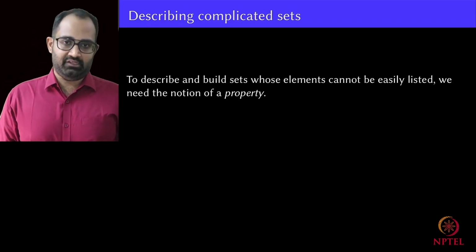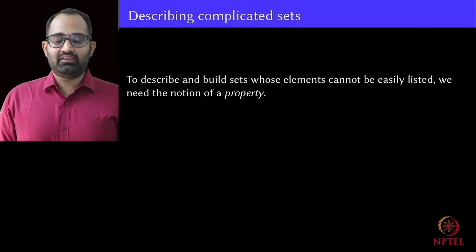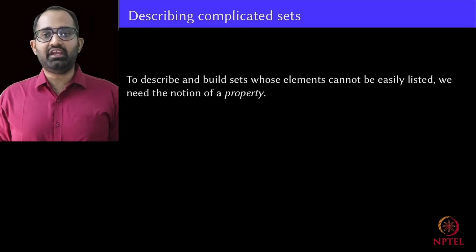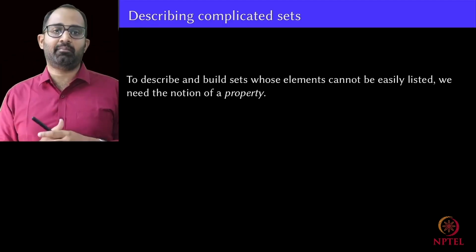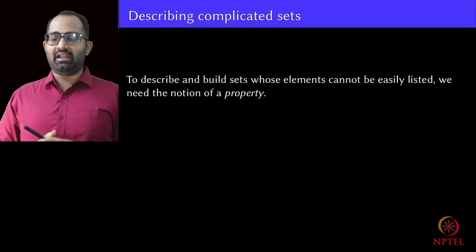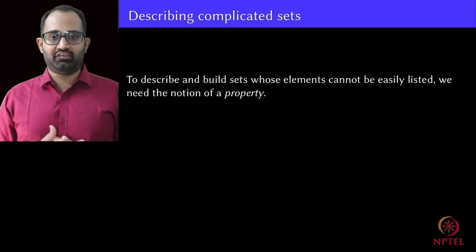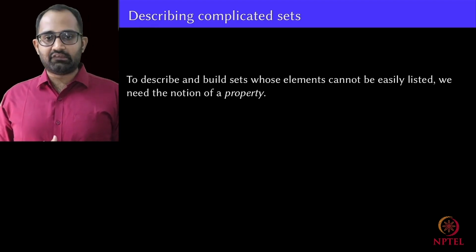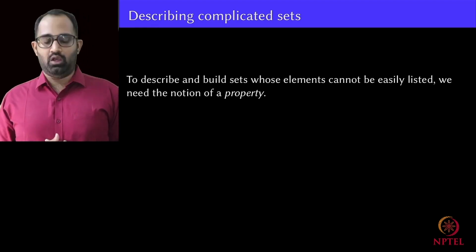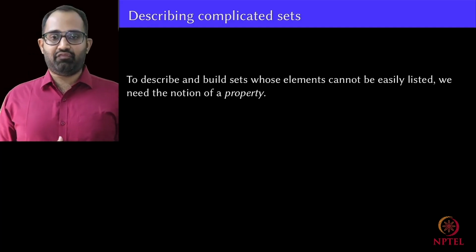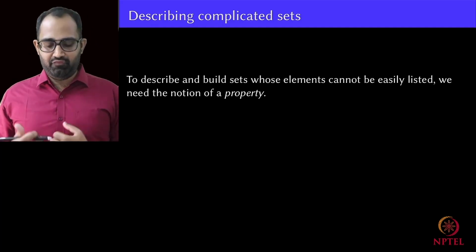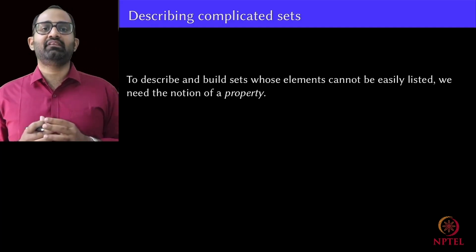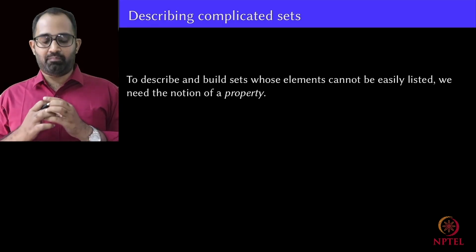Describing complicated sets. Well, the method of description of just putting some elements inside flower braces works nice and handy when there are just 5 or 6 elements in the set. To describe more complicated sets, that method simply doesn't work. So you use the next form, or the more general form, that is describing sets in terms of properties.